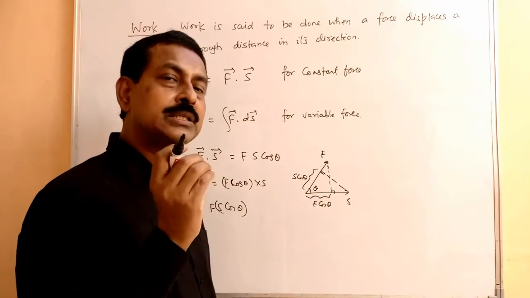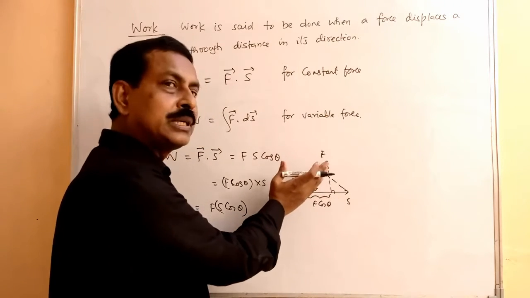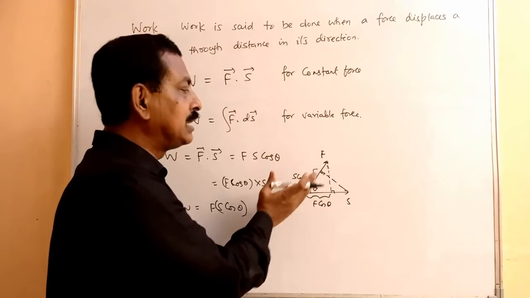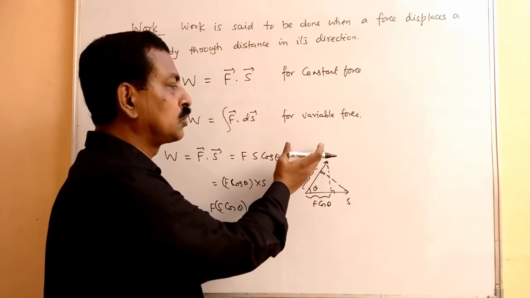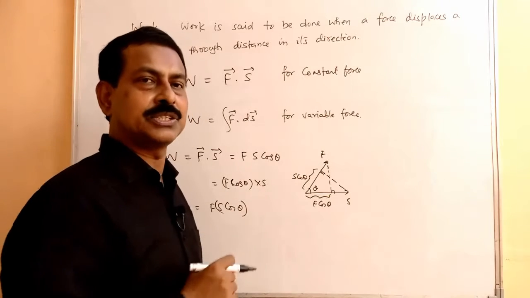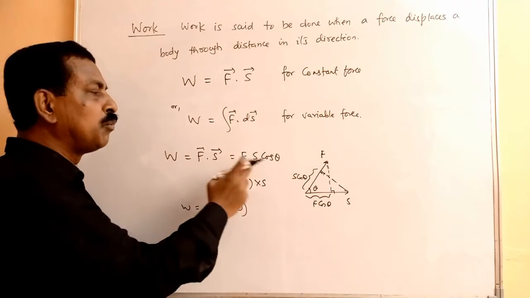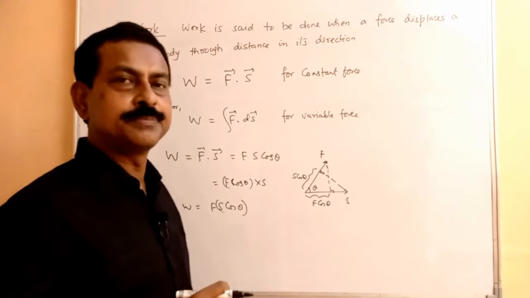In some numericals, you may find that it is easier to get the component of the displacement in the direction of force, and in that case you can take the product of the force and the component of the displacement in its direction. So you can use this expression for finding work done there.